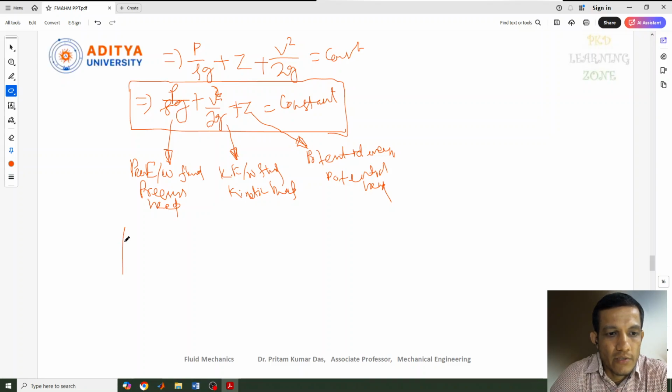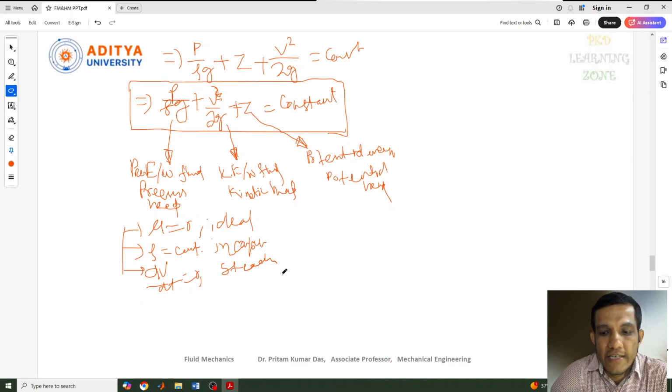Similarly, we consider the flow is incompressible, that means ρ is constant. The third assumption is that the flow is steady, that means dv by dt equals 0.